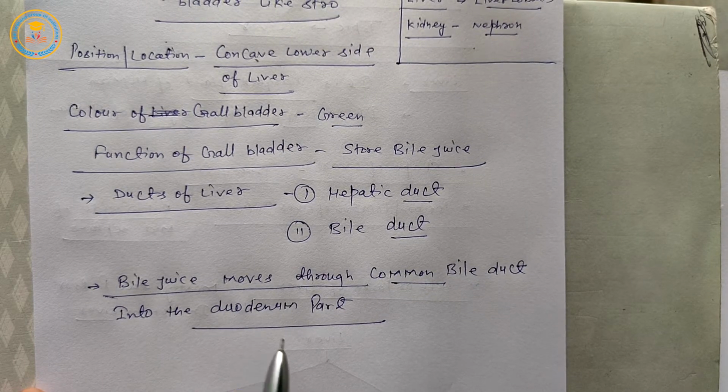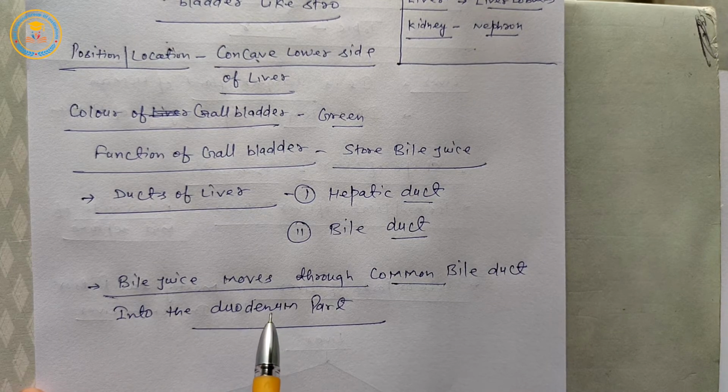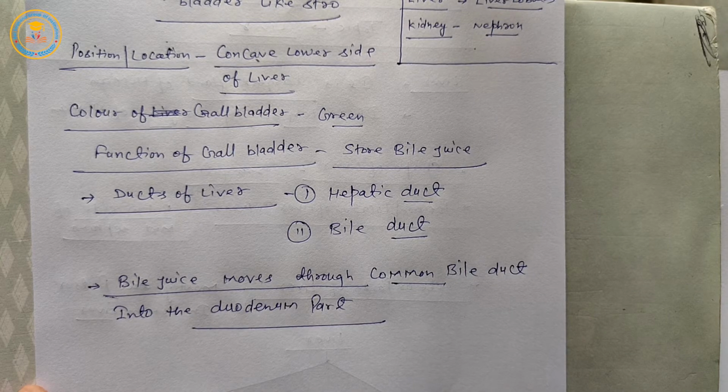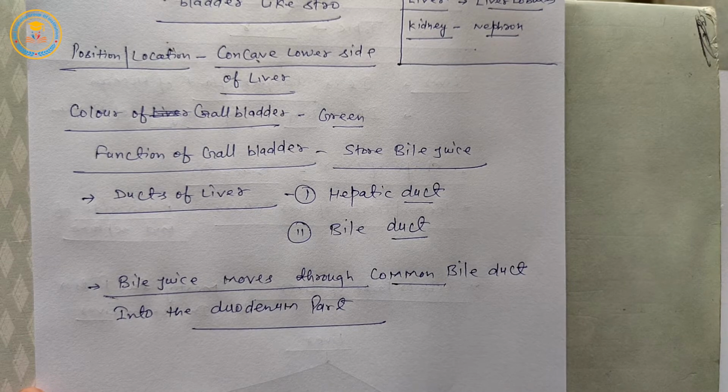The shape of duodenum is U shape. Duodenum is attached to the stomach part of the alimentary canal. Between stomach and duodenum is located the pancreas digestive gland. So bile juice is released in the alimentary canal, in the duodenum part.